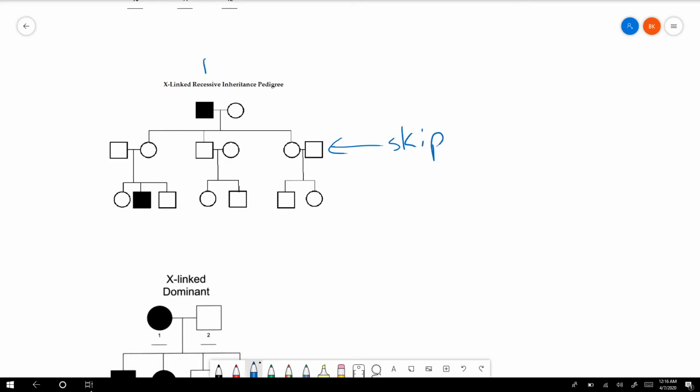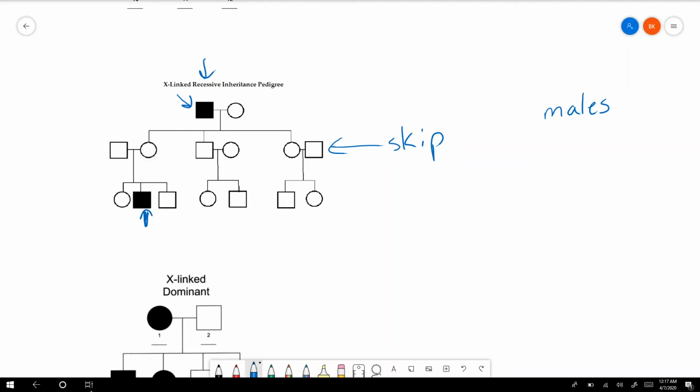So that's telling us that this is recessive. And so what else are we looking for? X-linked recessives are going to be more common in males. That's not definitive when you're looking here, but it is indicative. So what do we got? All of the individuals who are affected are males.